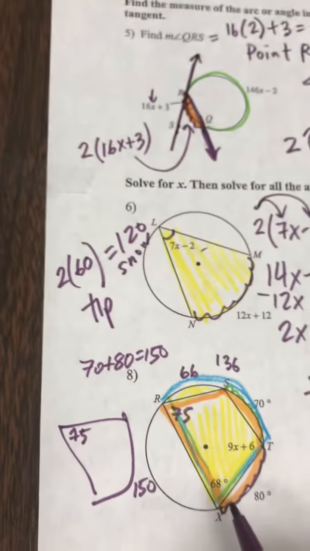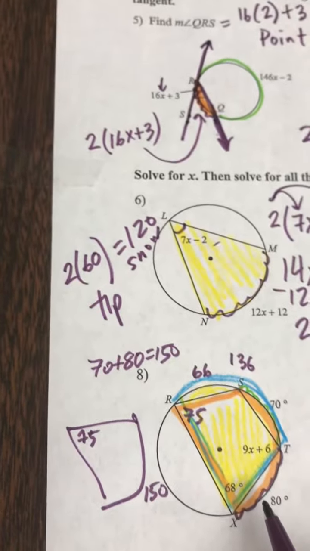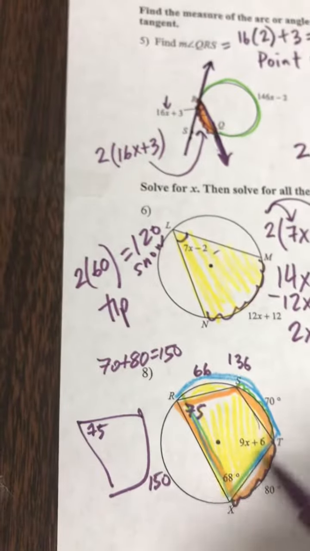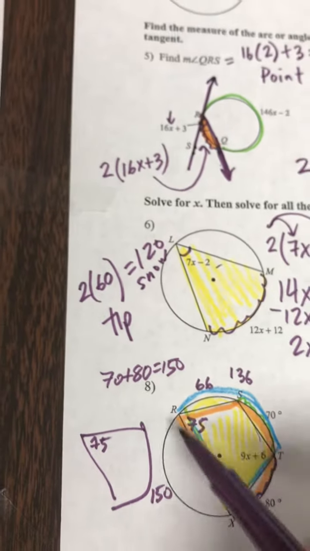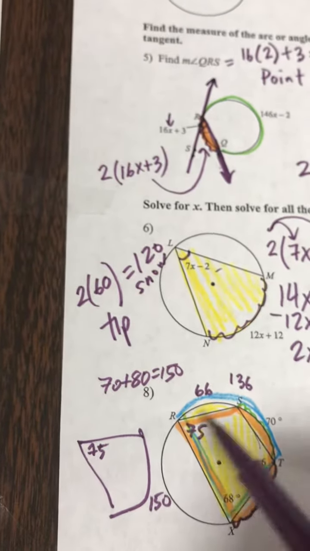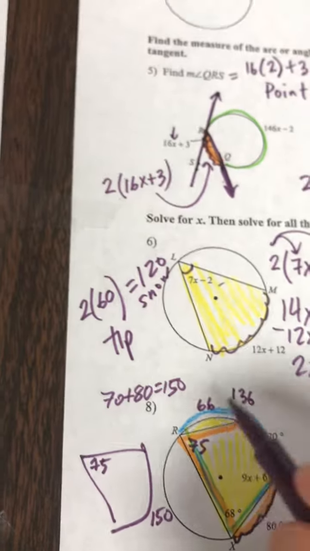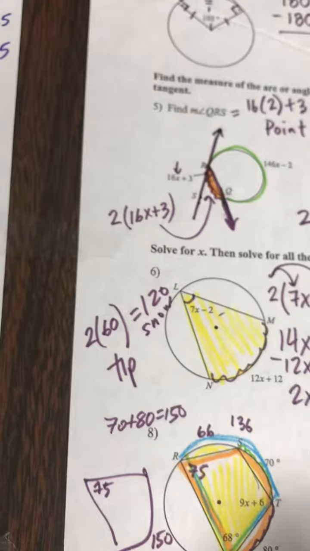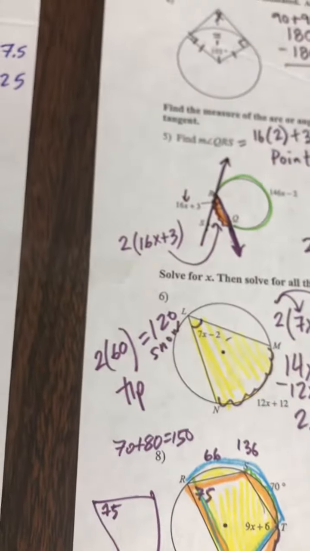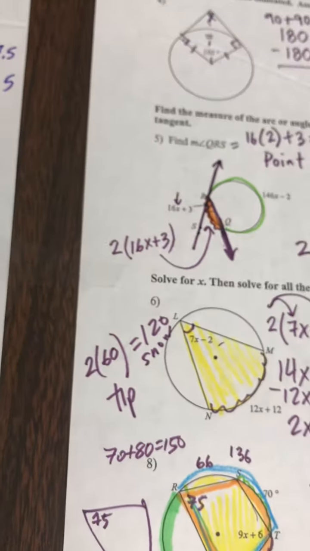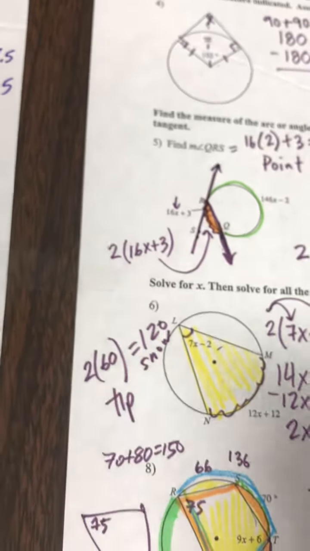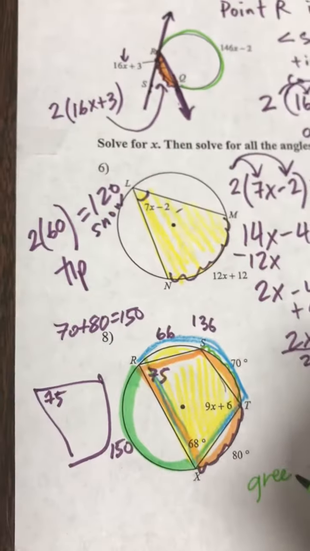Okay, so now there's a couple ways to do this. I know that this is a four-sided shape in the middle of there. So I know all that stuff has to add up to 360. But I think I can work with this here. Well, let's see. I think I know what this is left because I have all my arcs. The only part I have left that I haven't solved for is this arc. Okay, so this arc I don't know, but whatever the green arc is, excuse me.